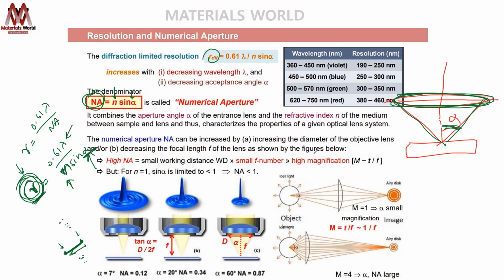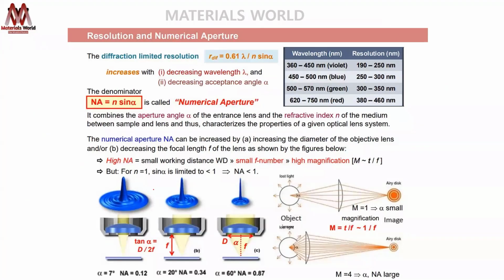It is also related to magnification, so please read and note it down. It may help you. For working distance and magnification also it is related, because your NA is related to magnification. Magnification is T by F, as you can see here.